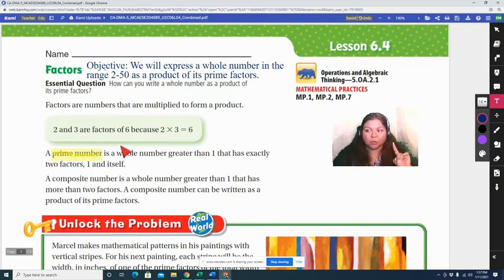And we already spoke about this in class, what that means. But just in case you don't remember, there are 2 types of numbers. There's the prime number and the composite numbers. Composite numbers are numbers that have more than 2 factors. Prime numbers only have 2.